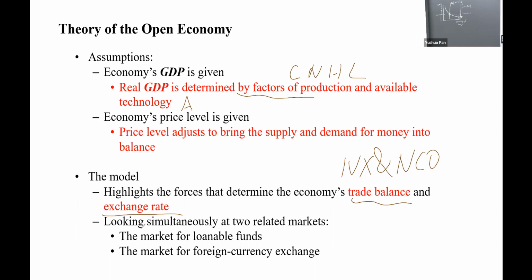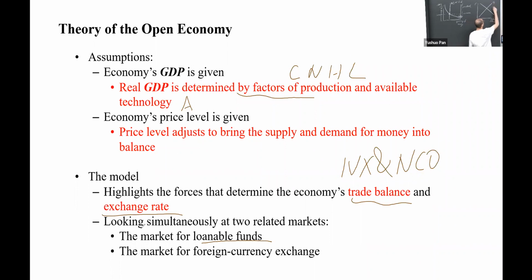To investigate this model, we need to look simultaneously at two related markets. The first is the market for loanable funds, what we learned before. The horizontal axis is the loanable funds and the vertical axis is the real interest rate. We have a supply curve and a demand curve.